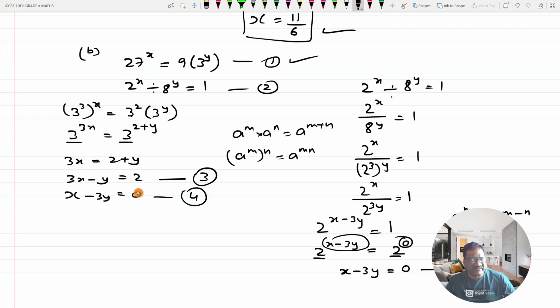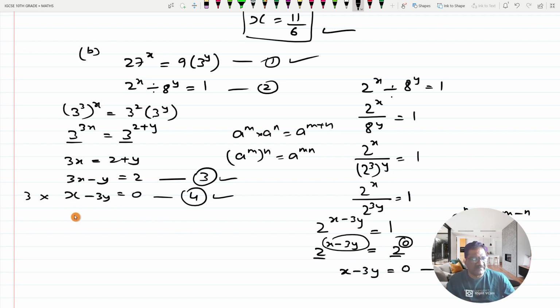Okay, now you can see that 1 and 2, which were in the exponential form, have been converted into counterparts of 1 and 2, that is 3 and 4, which are not in the exponential form. And this 3 and 4 can easily be solved simultaneously. So what I'll do is this equation number 4, I'll multiply by, say, 3.